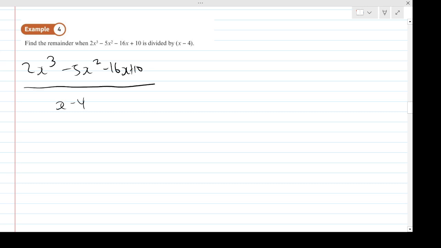So we need to then again do our bus stop. The x minus 4, what we're dividing by, is outside, and what's inside is 2x cubed minus 5x squared minus 16x plus 10. Okay, I made that a bit neater.